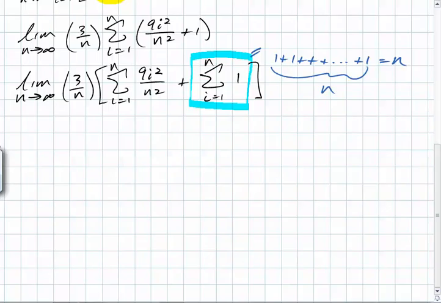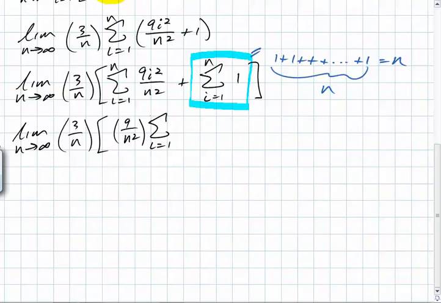Okay, on this summation right here, is there something you can factor out of it? What can I put in front of this summation? You're only moving i, so what can I bring out to the outside? 9 over n squared times the summation of i equals 1 to n of i squared, plus n. What's the summation of i squared? You know what that is, right?